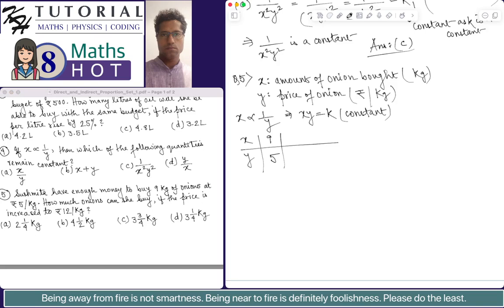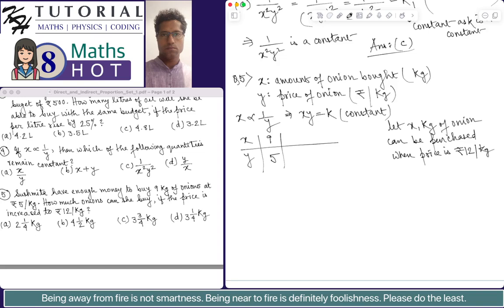So let's assume x1 kg of onion can be purchased when the price is rupees 12 per kg.